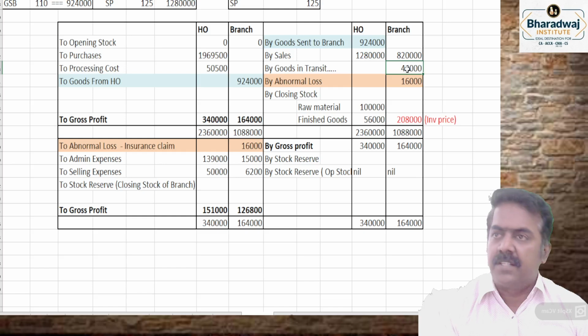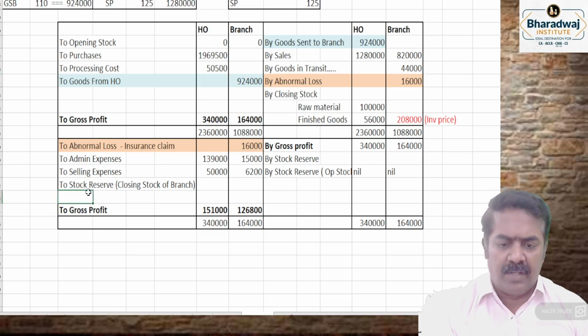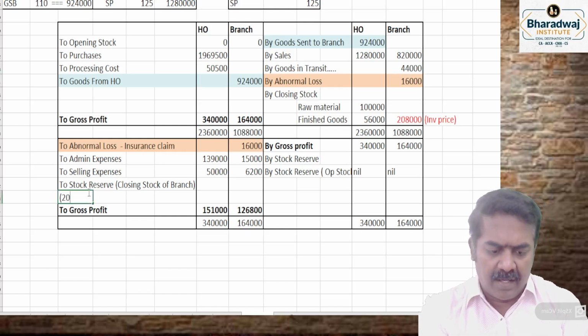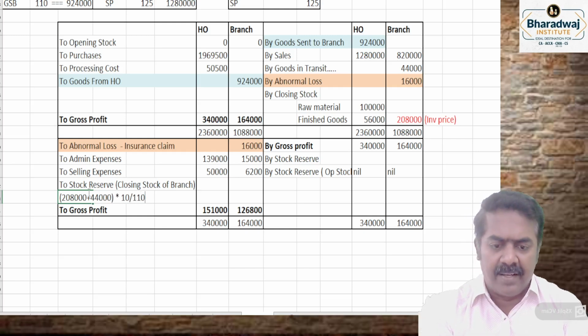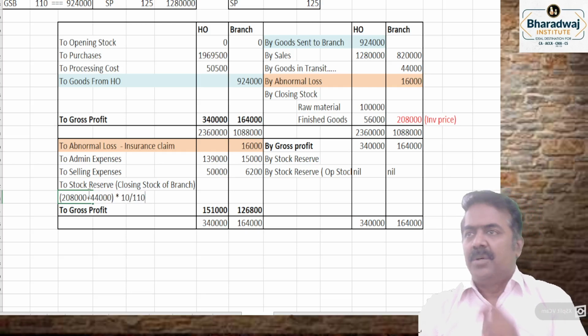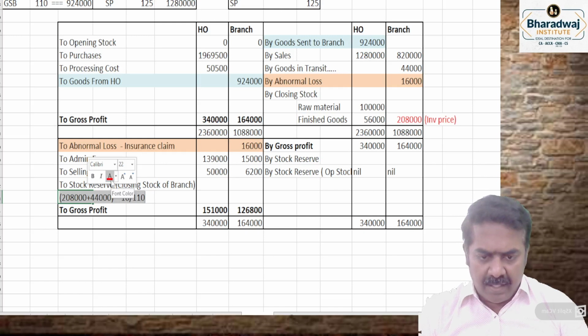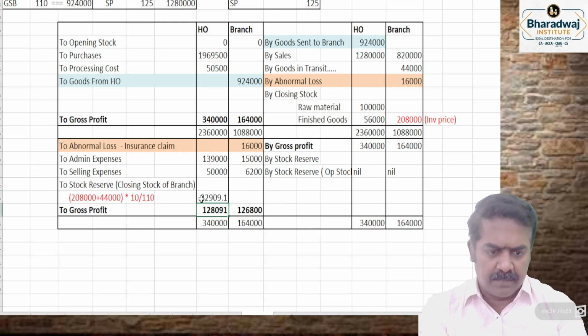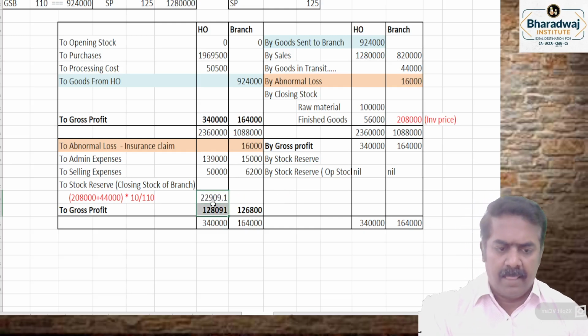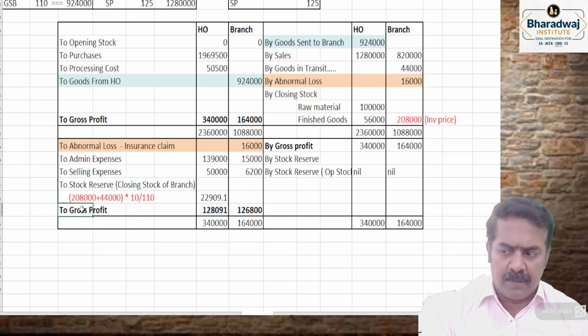What is goods in transit? 44,000. Both will have this. 2,08,000 plus goods in transit 44,000 into 10 by 110. How 10 by 110? Goods are sent at cost plus 10%. So 2,08,000 plus 44,000 into 10 by 110. This loading will be removed in head office. Tally this, you will get gross profit.